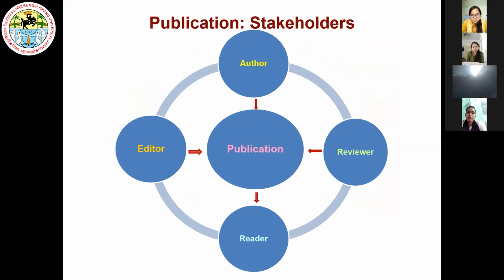Then, for publication, you have to communicate to a journal where editors are involved. Once editors receive it, they send it to reviewers, who very critically look at your work and give useful comments so that the quality of your publication improves. Finally, once it is published, it goes to the reader. So there are 4 major stakeholders: author, editor, reviewer, and reader.